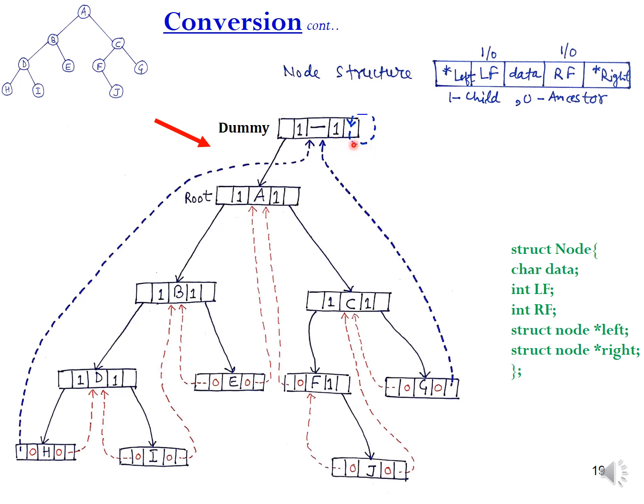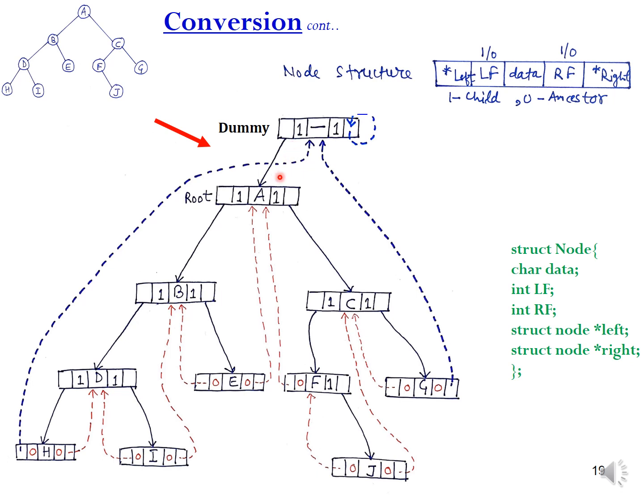This dummy node doesn't contain any data, but on the left hand side it contains 1, and on the right hand side it also contains 1. The right hand side means it has a child, but its right pointer points to itself. On the left hand side also 1, it means it has a child. So the left child of this dummy node will be the root node of the tree.